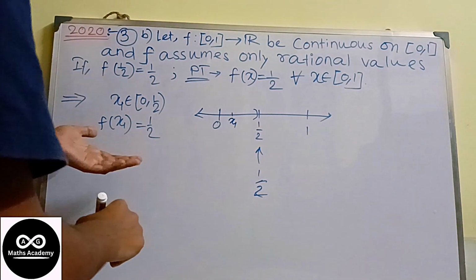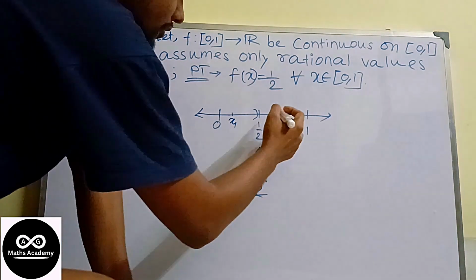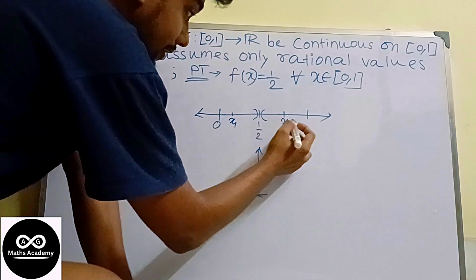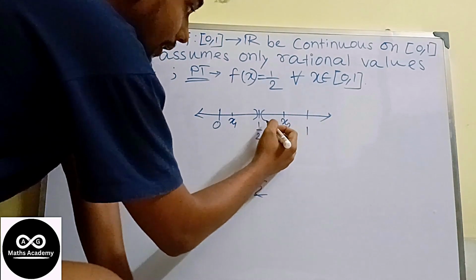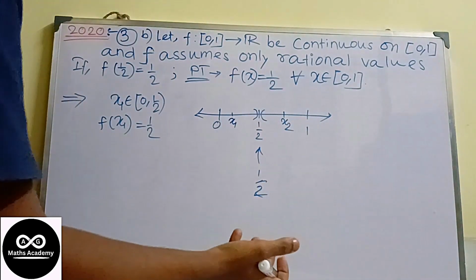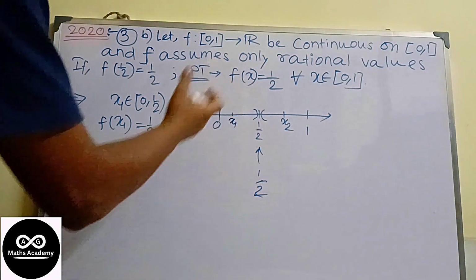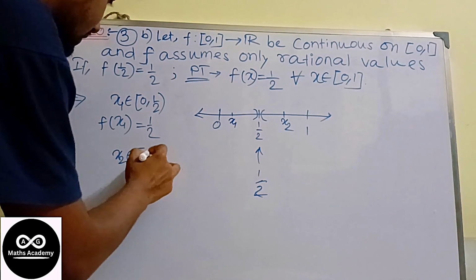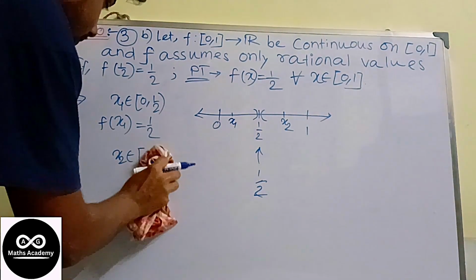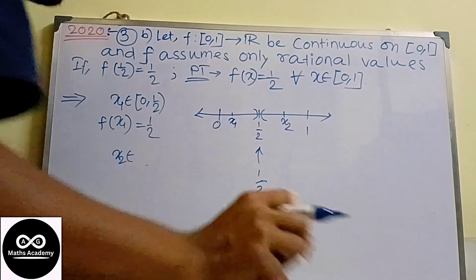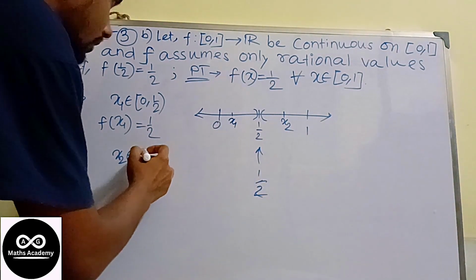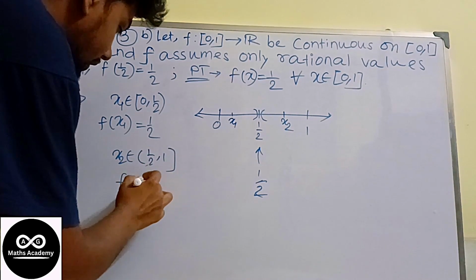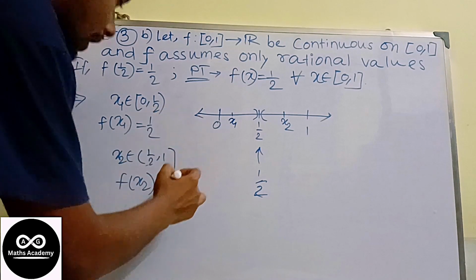And then by the same method, we're going to take x2 from the interval open half to 1, as f of half is already given, f of half is half. So then by a similar method we are going to show that f of x2, which was taken from open half to 1, is equal to half.